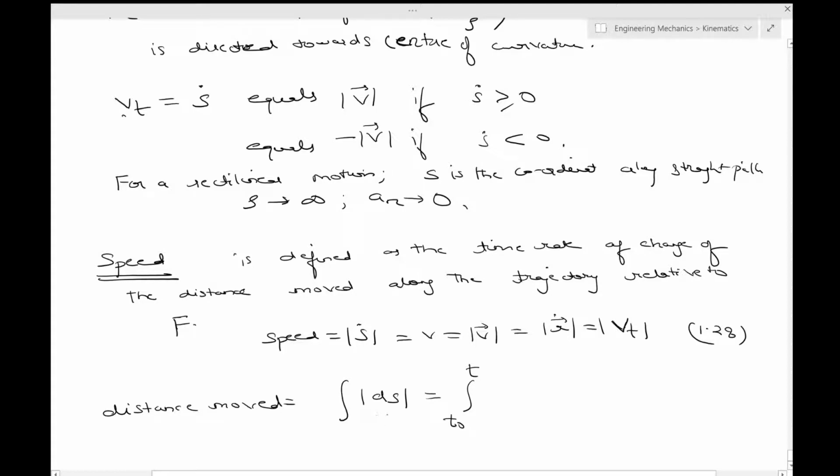Notice that this s does not have a vector sign, because s was position. ds represents a small change in the position, and its meaning is very clear when you look at the circle which I had drawn.